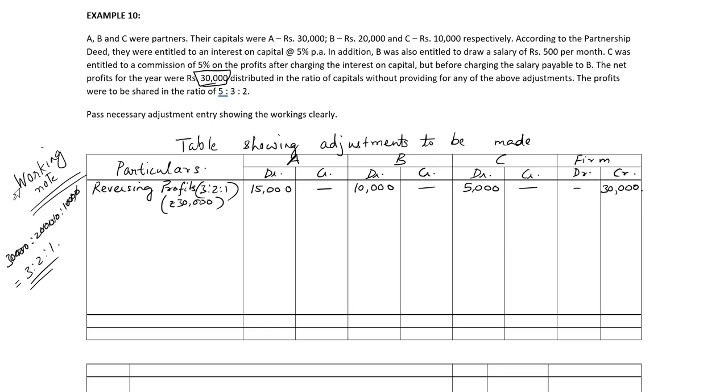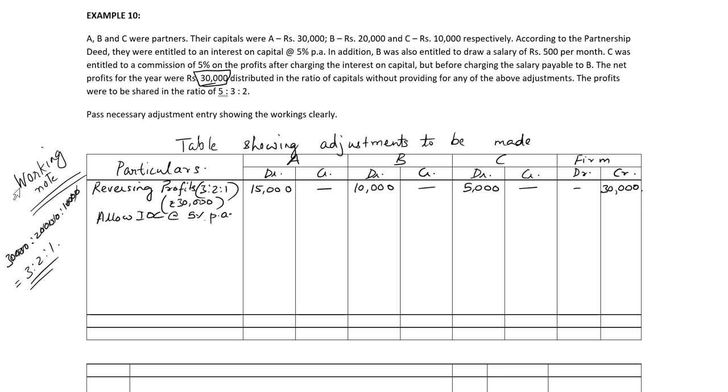Next is to allow the interest on capital at 5% per annum. On applying the 5% on the capitals of the partners, which are 30,000 for A, 20,000 for B, and 10,000 for C, we get 1,500 for A, 5% on 30,000.